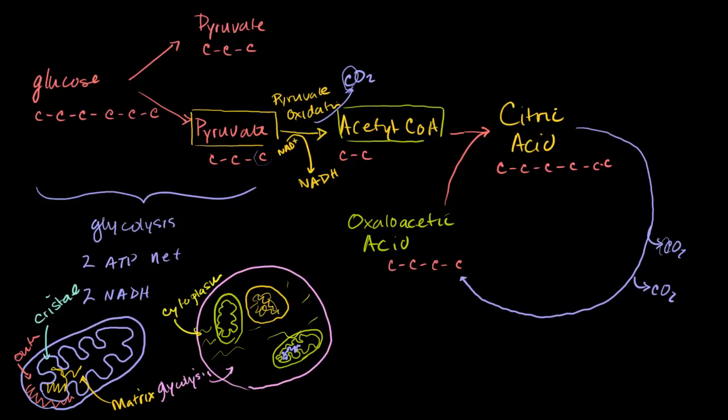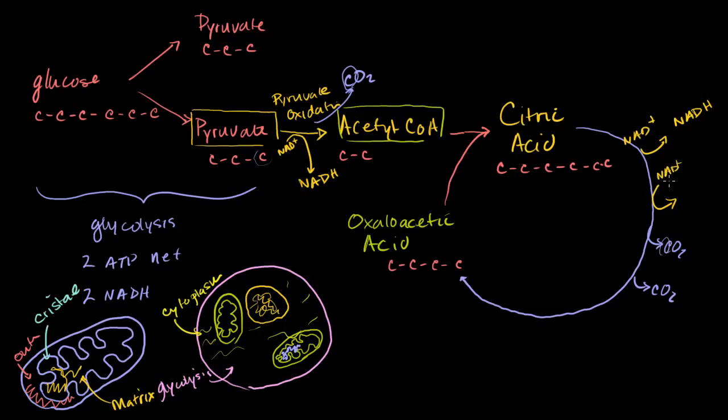But this cycle doesn't just generate carbons. The whole idea is to generate NADHs and FADH2s and ATPs. So, right here, and this is a huge simplification, I'll show you the detailed picture in a second. We'll reduce some NAD plus into NADH. We'll do it again. And of course, these are in separate steps. There's intermediate compounds. I'll show you those in a second.